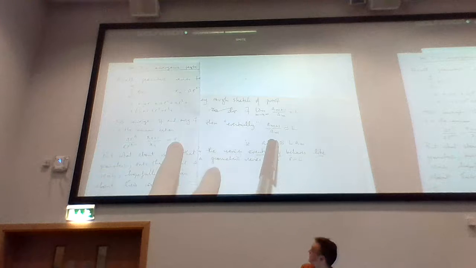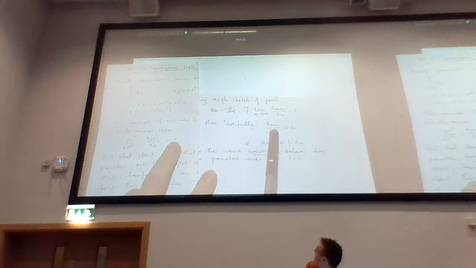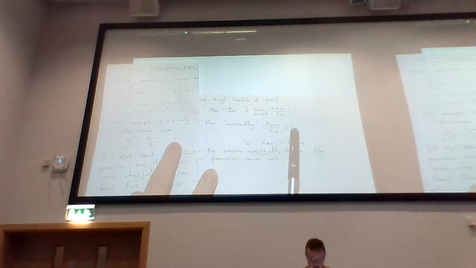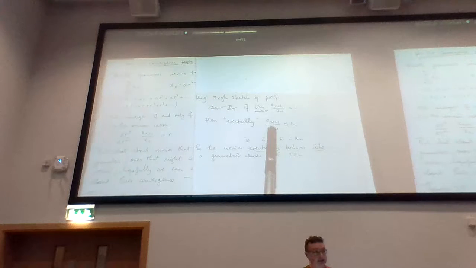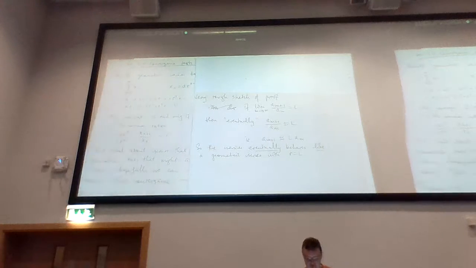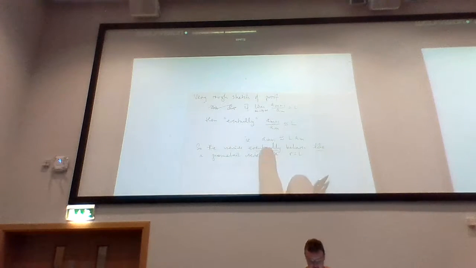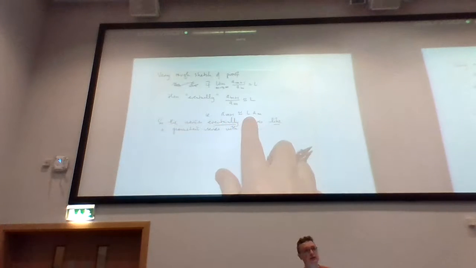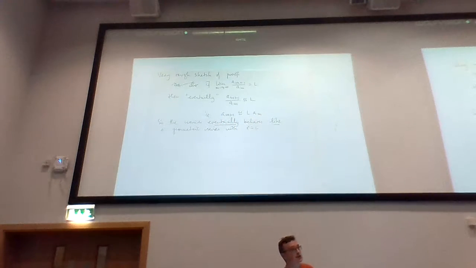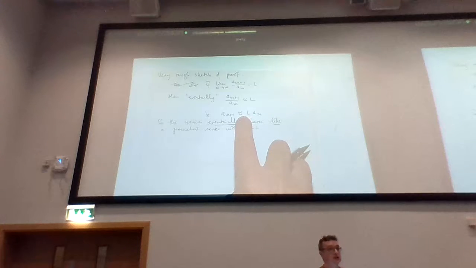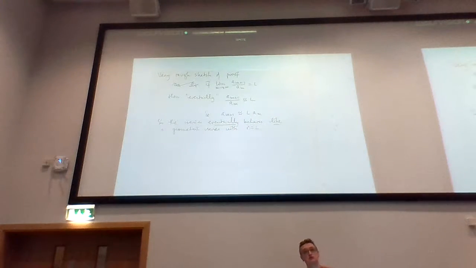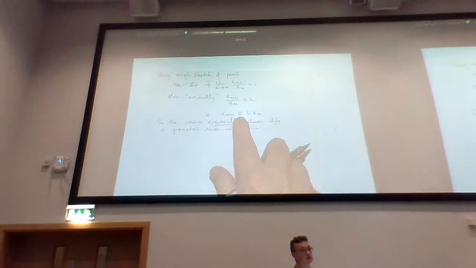So here, when we're examining a series where the limit of the ratio is equal to L, eventually the ratio is approximately L for any n beyond a certain point. So eventually, our element will be approximately L times the previous element. If this was an equal sign, it would be exactly a geometric series. It's not an equal sign, it's an approximately equal sign.